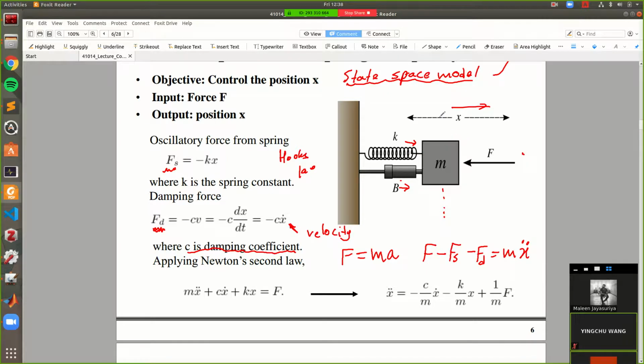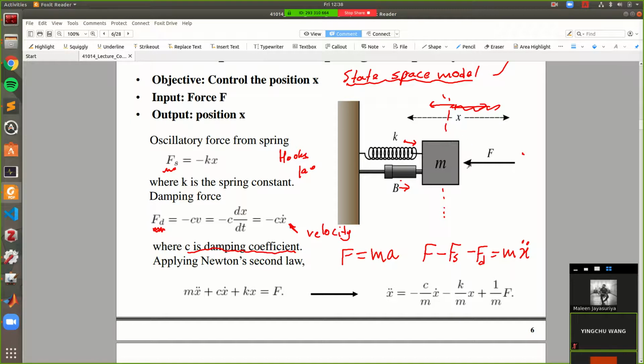Actually, yeah, if x is measured this way, then after you apply force, it will become minus one. Yeah, actually x will have to be measured this way. Sorry about that.